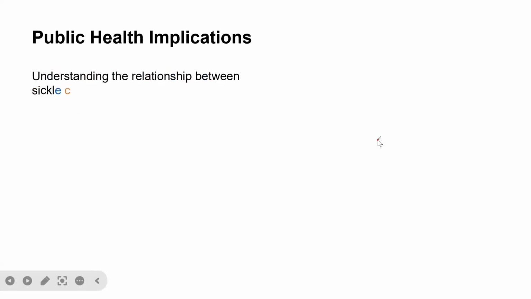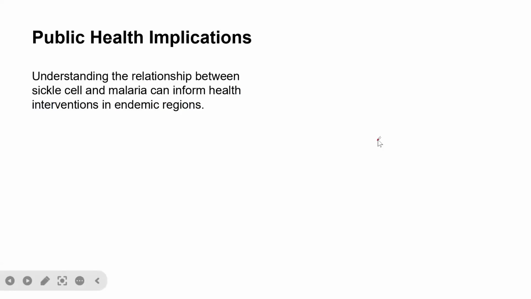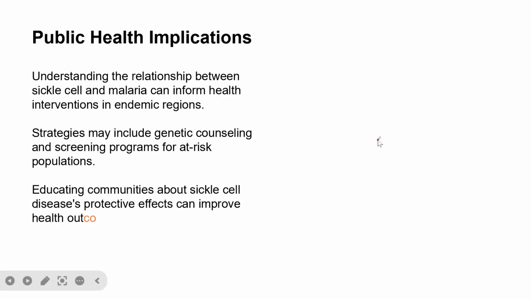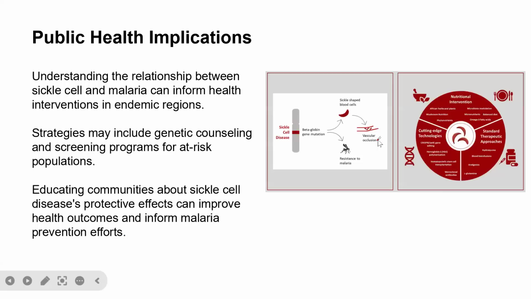As a public health concern, understanding the relationship between sickle cell and malaria can inform health interventions in endemic regions. Strategies might include genetic counseling and screening programs for at-risk populations. Educating communities about the protective effects of the sickle cell trait can improve health outcomes and improve malaria prevention efforts.